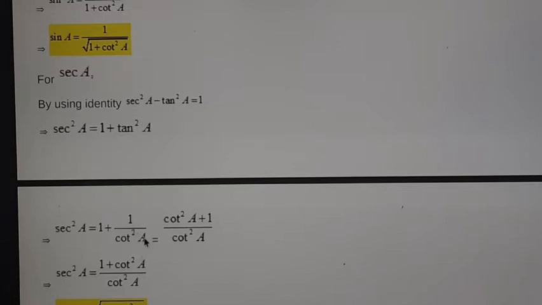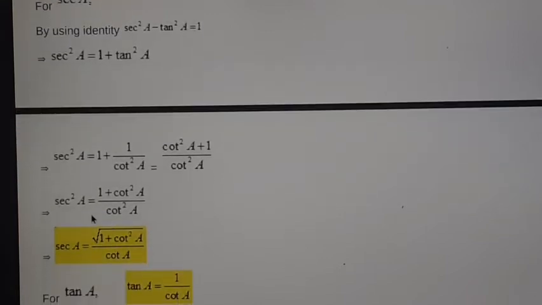So you will get 1 plus 1 by cot square theta. When you solve this, cot square theta plus 1 will go in the numerator, upon cot square A. So here you will get sec square A is equal to 1 plus cot square A upon cot square A. And to find sec A, we will take the square root and it will go to this side.